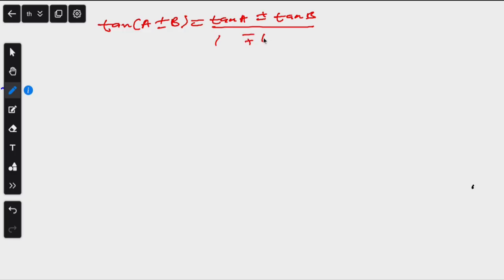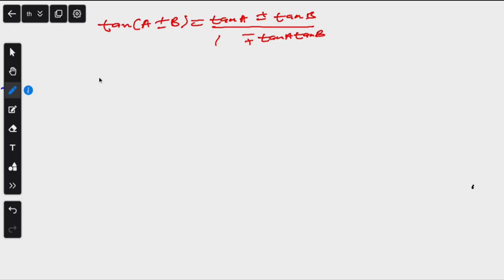We have tan (A plus or minus B) equal to tan A plus or minus tan B, then divided by 1 minus or plus tan A tan B. So here we have two identities.